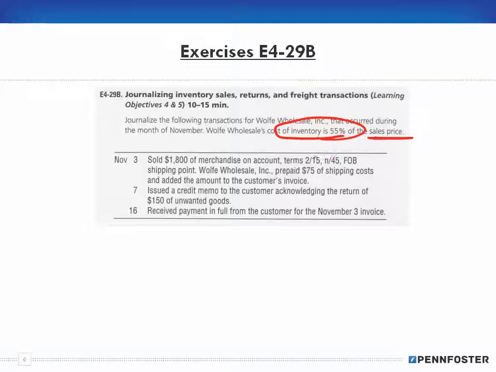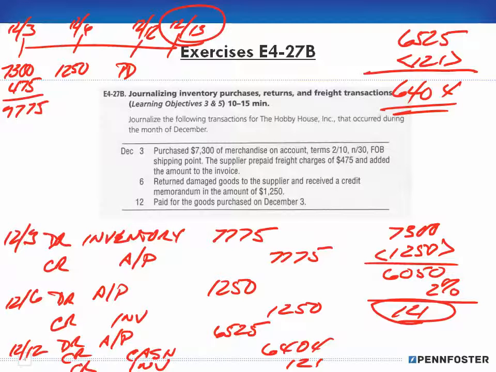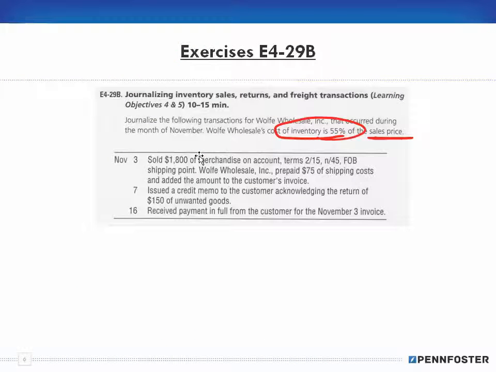Again, in the last problem, 4-27, let me bounce up here, you were told that that was your purchase price of 7,300.